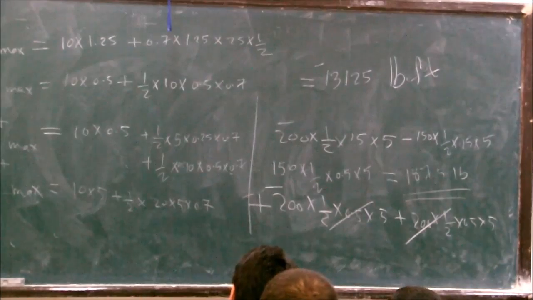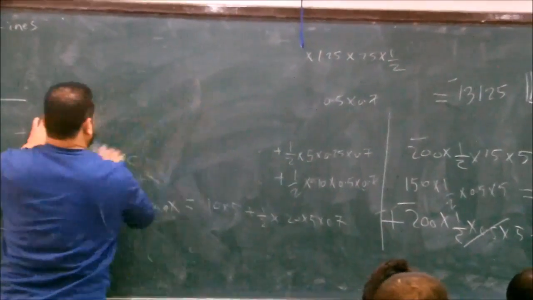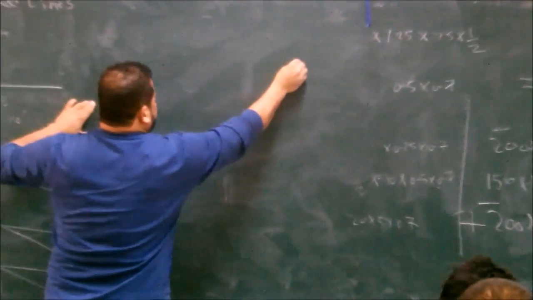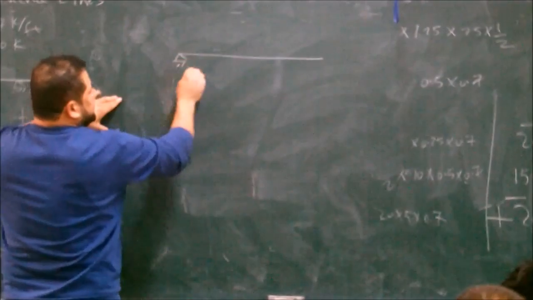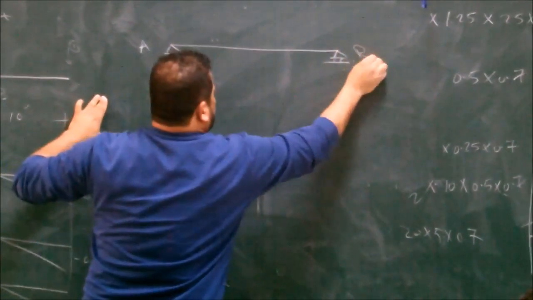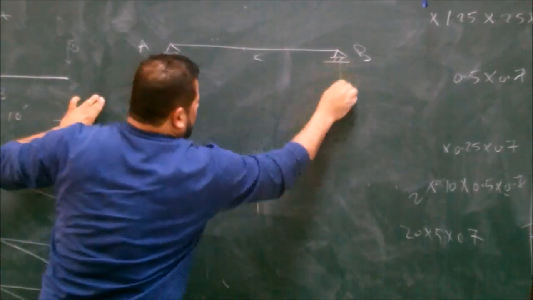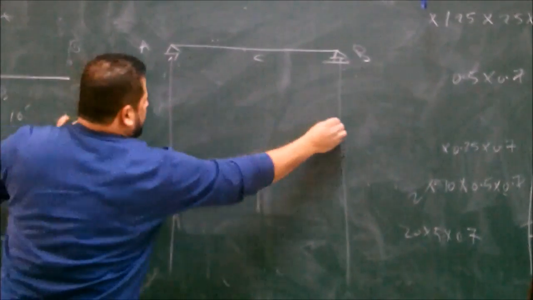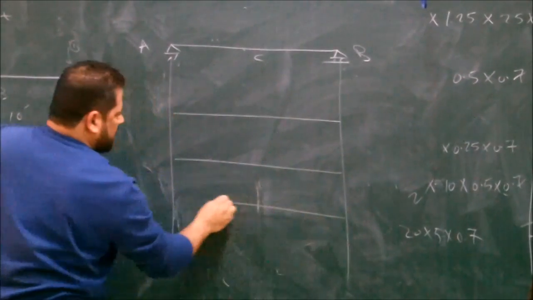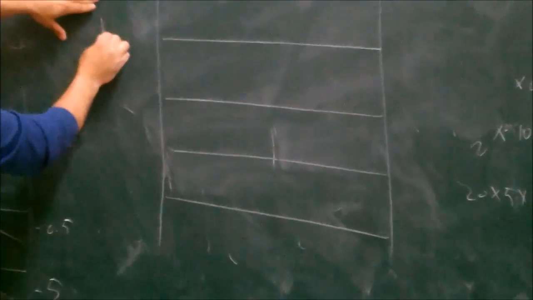Mahmoud, focus here. For a simply supported beam, what's the influence line for the reaction at A?